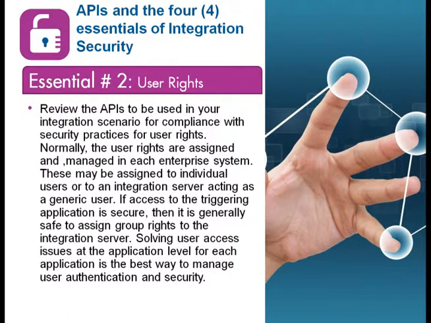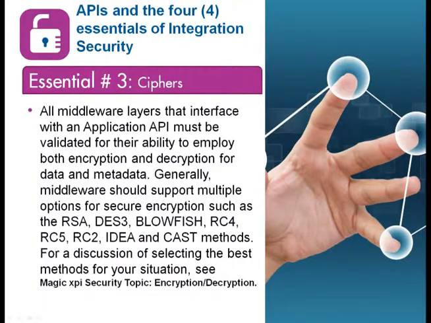So if access to the triggering application is secure, then it is generally safe to assign group rights to the integration server. Solving user access issues at the application level for each application is the best way to manage user authentication and security.